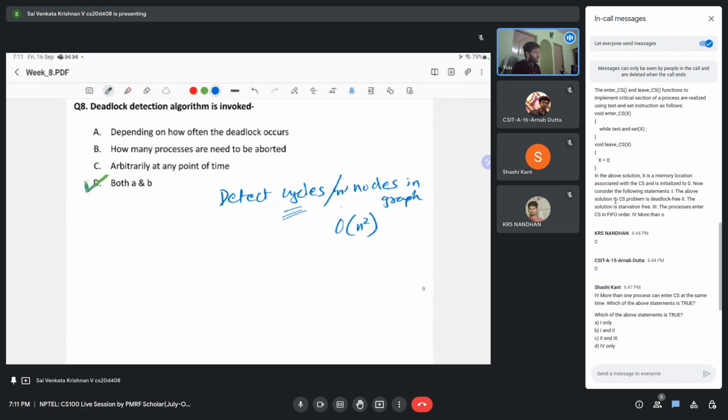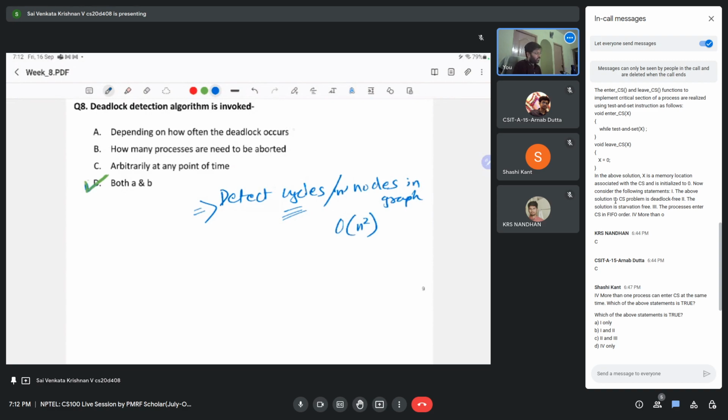If the scheduler or the kernel wants to detect all the cycles in the graph, then a considerable chunk of time the scheduler will be detecting cycles only. So the heuristics has to be found out properly for when the detection algorithm has to be fired, because the detection algorithm itself consumes a lot of time.